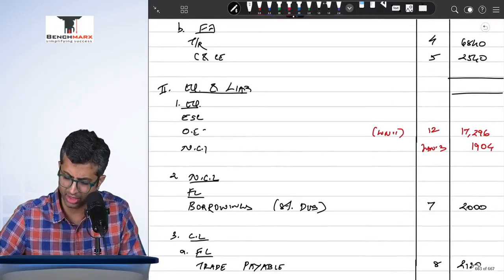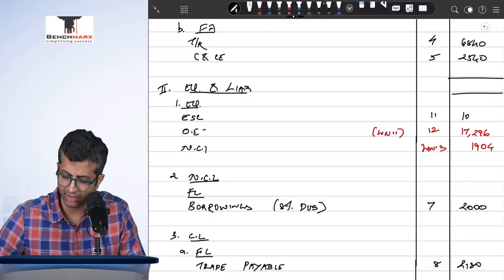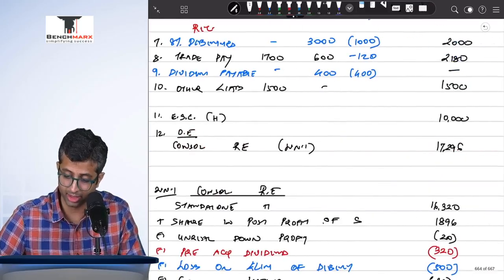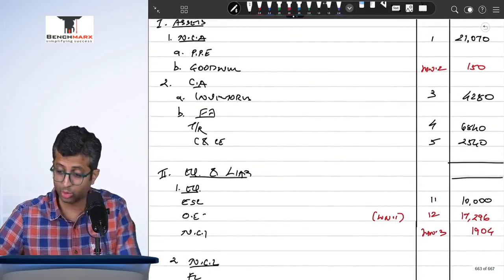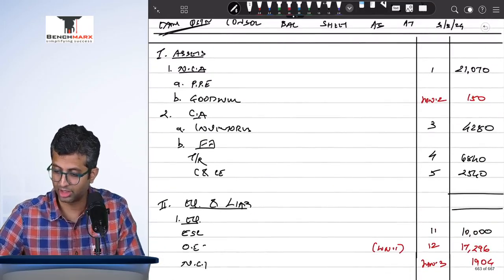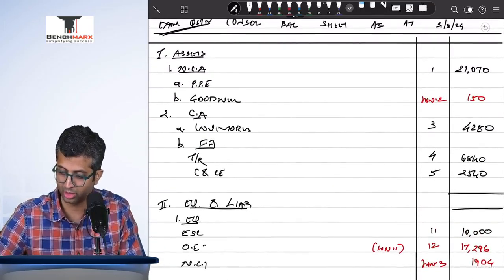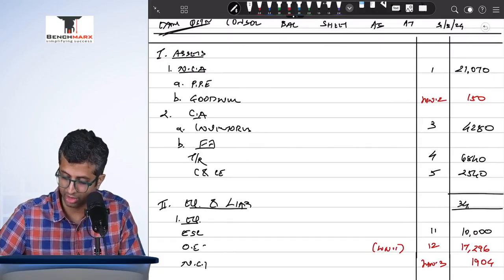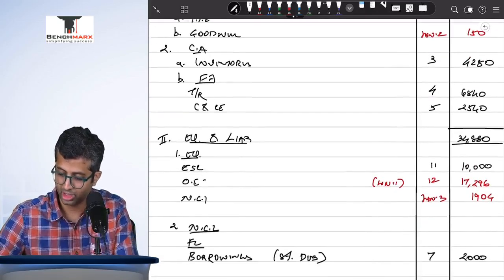or you can even prepare a statement of changes in equity, you can have your share capital, which is probably 10,000. And now you can pray to all your gods and hope that your balance sheet tallies. 6840, 2540, and hence this appears to be 34,880.